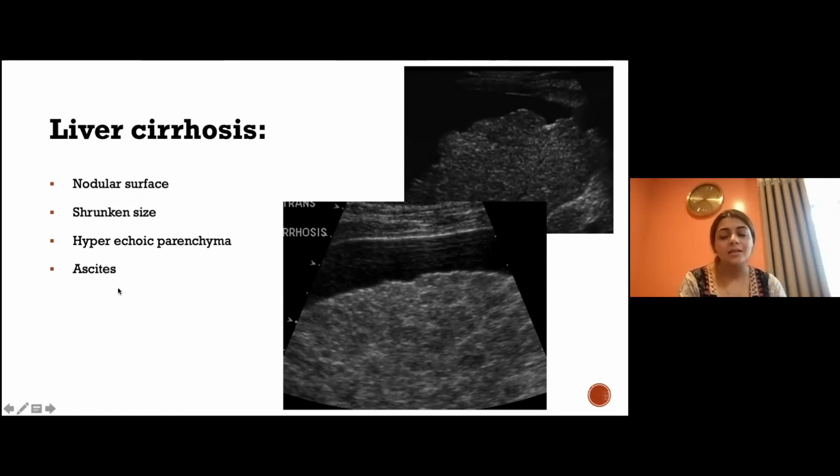This is also seen a lot in alcoholic patients. You'll see hypertrophy of the caudate lobe and the left lobe, with shrinkage of the right lobe. You'll see extrahepatic signs, which are evidence of portal hypertension, splenomegaly, and ascites, and the nodularity of the liver, which is the most pathognomonic sign of liver cirrhosis in itself.